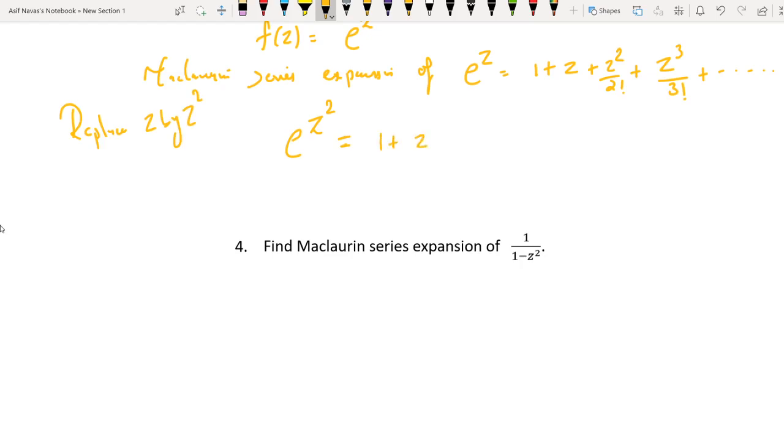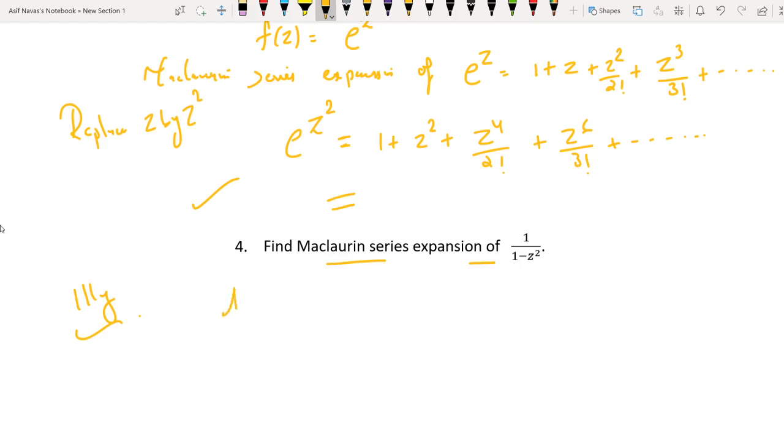So 1 plus z square plus z raised to 4 by 2 factorial plus z raised to 6 by 3 factorial plus etc. And this is a series expansion of e raised to z square, and this must be unique by uniqueness of Taylor series. So similarly, in this problem, find the Maclaurin series expansion of 1 by 1 minus z whole square.